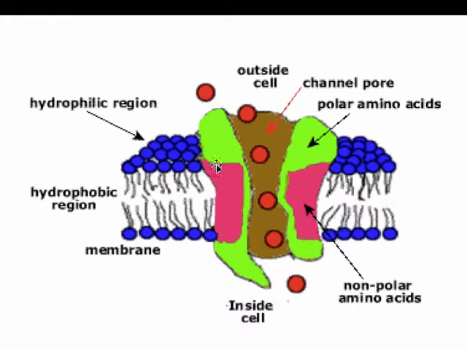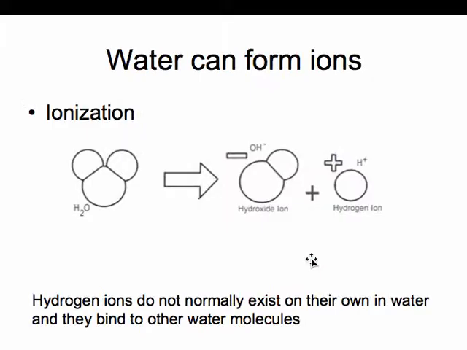The areas of this major protein that are polar, so they have polar amino acids, are hydrophilic, and so they're in the hydrophilic regions. They point outside the cell or inside the cell, and so it allows this protein to stay anchored in the right conformation and in the right direction in the cell membrane.